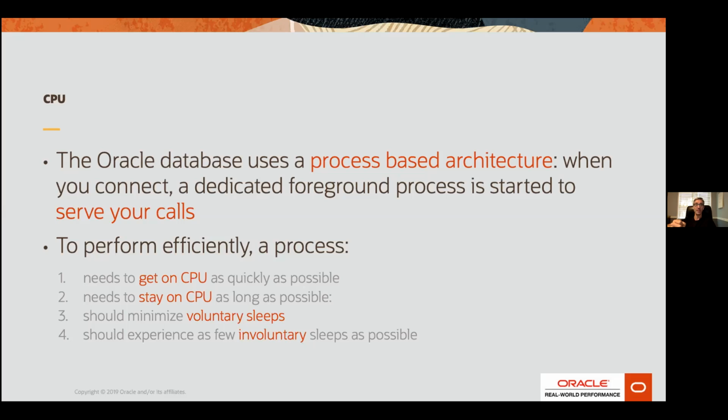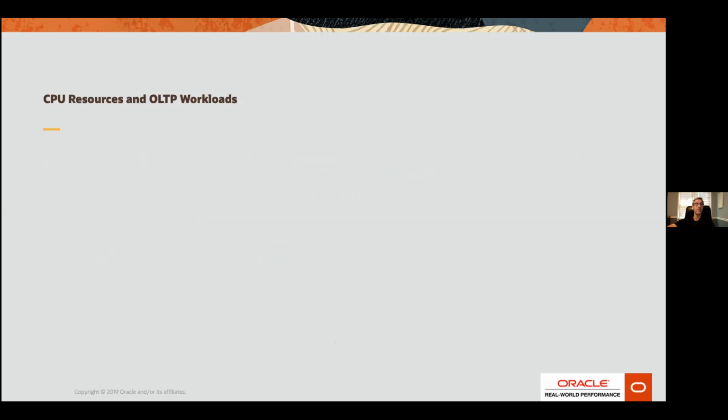And for those processes to work efficiently, they need a few things when it comes to CPU. One is they need to be able to get on CPU as quickly as possible, so not waiting for CPU. And then once they get on CPU, you want them to stay on CPU as long as possible to do the work that you want done in your SQL statement. We want to not have it go to sleep voluntarily in terms of the code that we run, and we also don't want it to be kicked off the CPU by other competing processes.